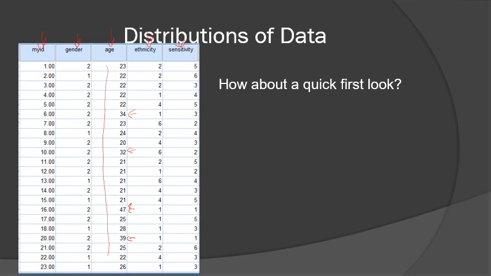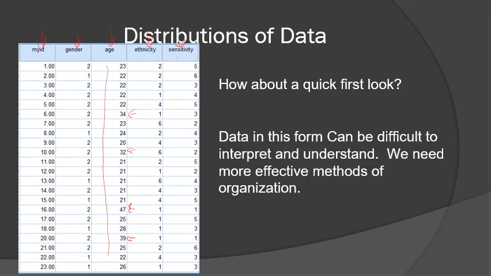Now imagine you've got 900 people. Let's say we wanted to know what the average sensitivity score is. Well, again, looking at this, we can see that it ranges from 1 to 6, but where are the values really averaging at? So because of that, we can't just use data in this form and interpret it.